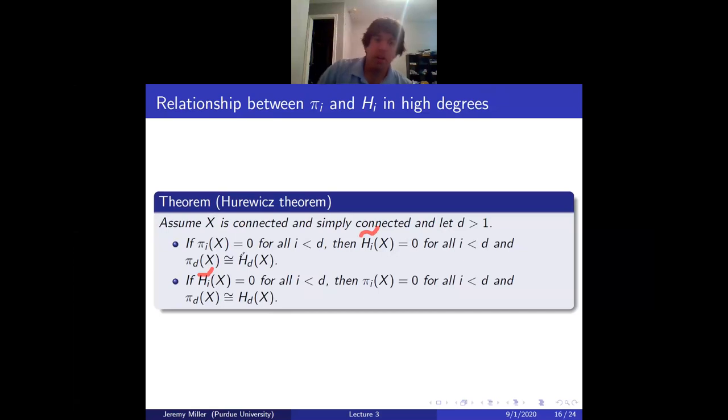So if you want to use that homology vanishing implies homotopy vanishing, you need to add this extra condition explicitly that the fundamental group vanishes, because some information can be lost in abelianization.